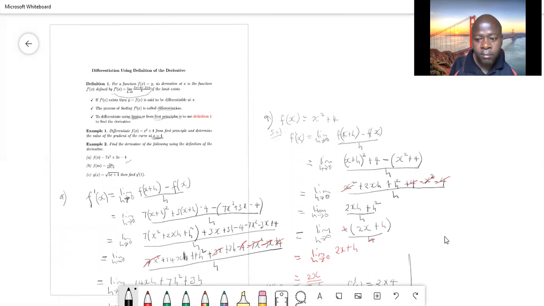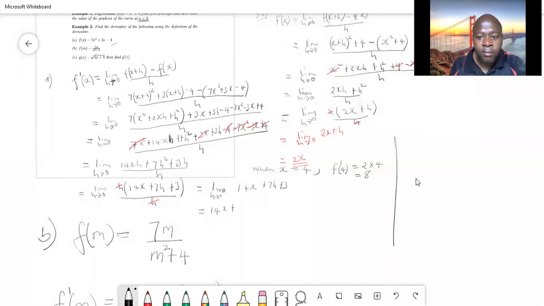So what we are given is g of x equals the square root of 5x plus 4.